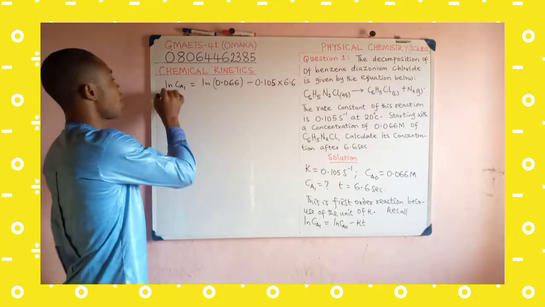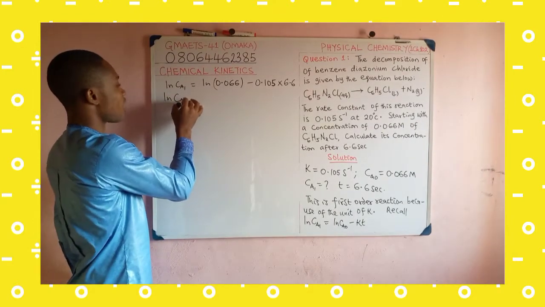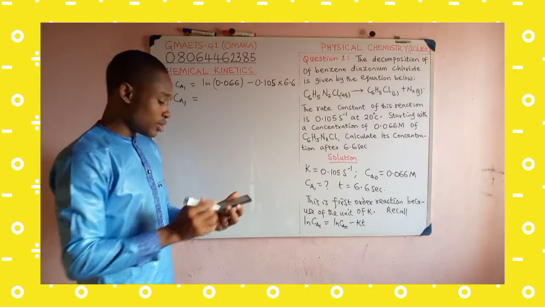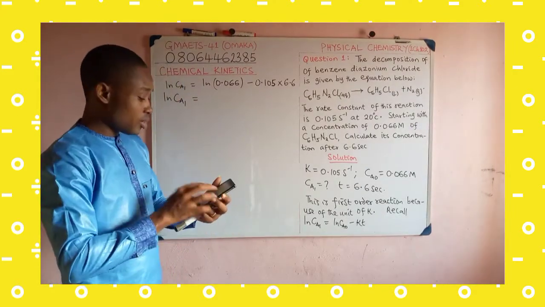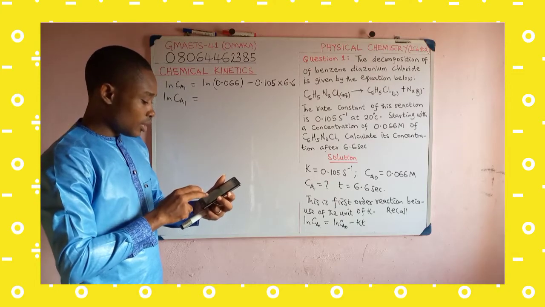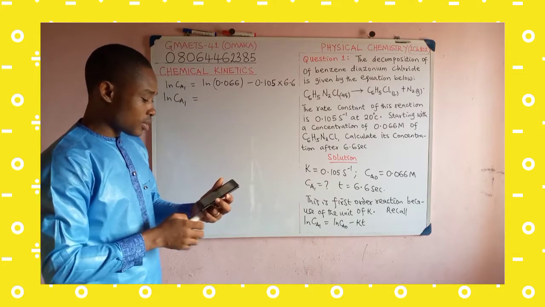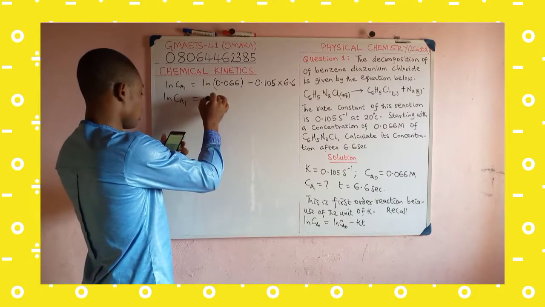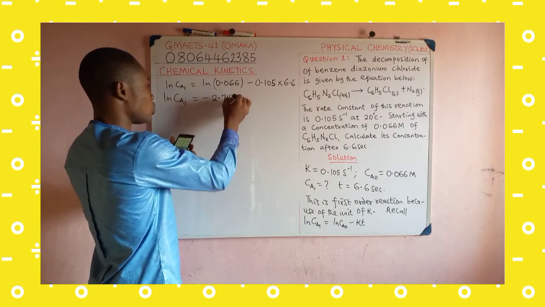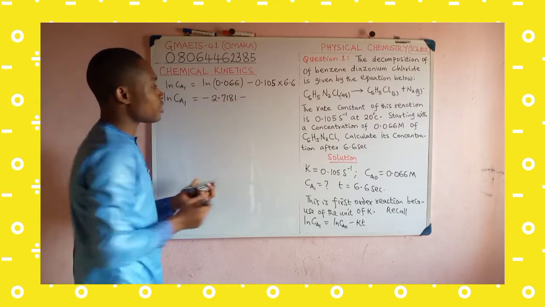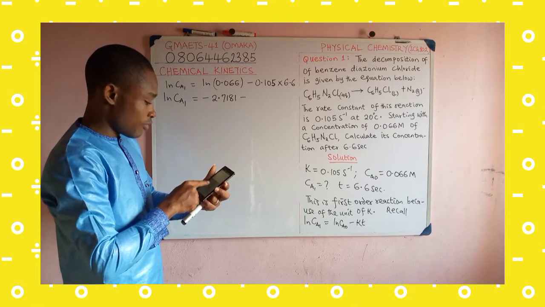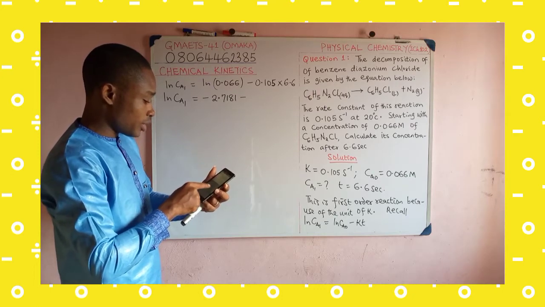So we're going to have ln CA1, which will now be equal to ln 0.066. So let's find out. ln 0.066 is giving me minus 2.7181 approximately. Then minus we have 0.105 multiplied by 6.6.